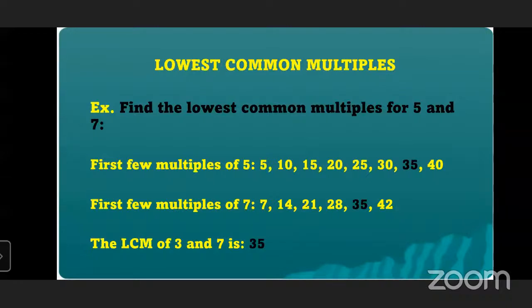And the multiples of 7 are 7, 14, 21, 28, 35, 42, and so on. Now, let's check which number comes in both tables. That is 35, right? So the LCM of 5 and 7 is 35.